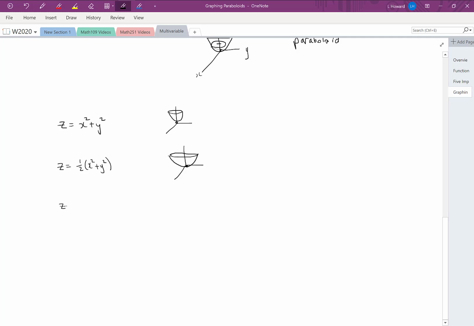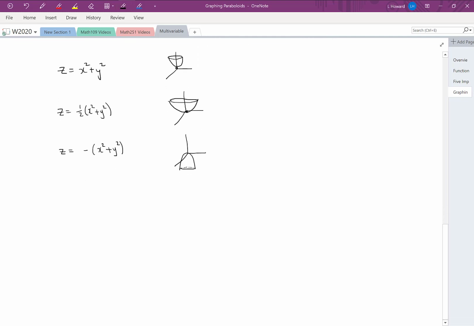Okay, now if we were to take z equals minus (x squared plus y squared), think of that as a vertical reflection. So that bowl is now being flipped upside down, still got its vertex at the origin, but it's now opening downwards. Okay, so we talked about vertical compression. We've talked about a vertical reflection.